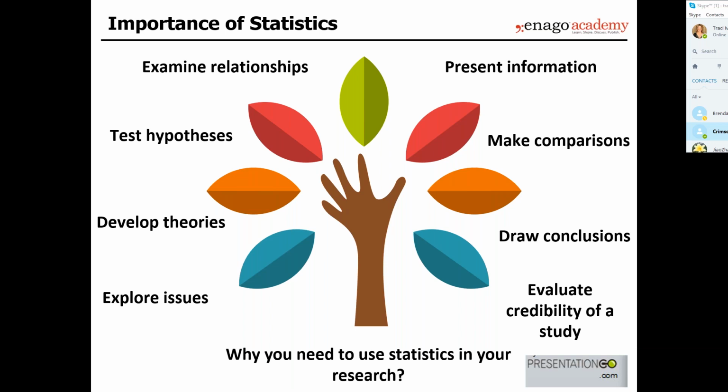So statistics allows you to actually examine those relationships and make comparisons between different drug treatments or different types of populations. From those analyses, we can determine if there's a difference or if there is something that is better in regards to a particular treatment, for example.